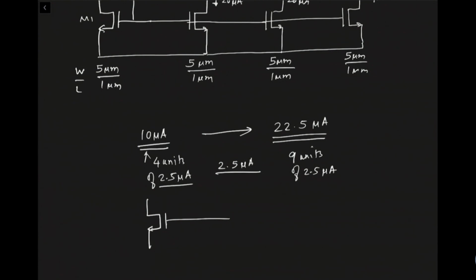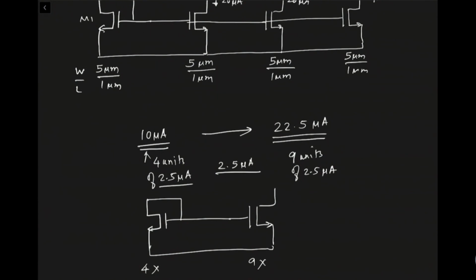Okay. So 10 microamps is 4, another 10 microamps is 4, so 4 plus 4 plus 1, so that would be 9 units. Okay. So then what I would do is create a current mirror in such a way that this would have 4x, meaning 4 units, and this would have 9x, meaning 9 units.